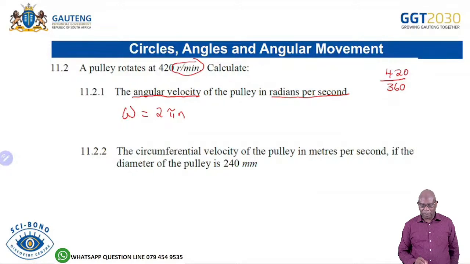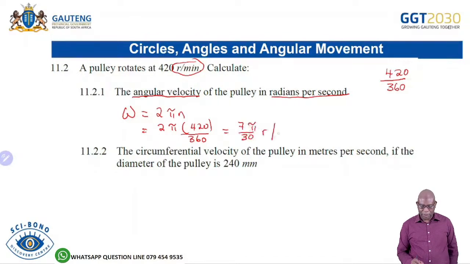So I'm going to have 2 multiplied by pi multiplied by 420 and divide this by 360. Then the answer that I'm going to get there will be 7 pi over 30.